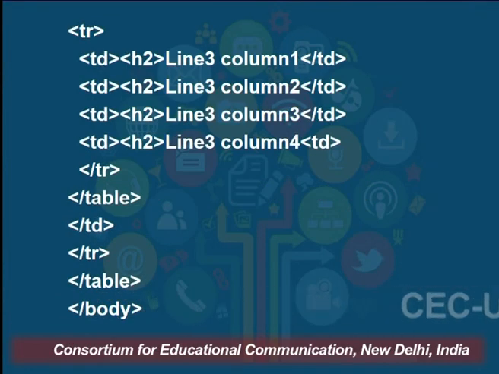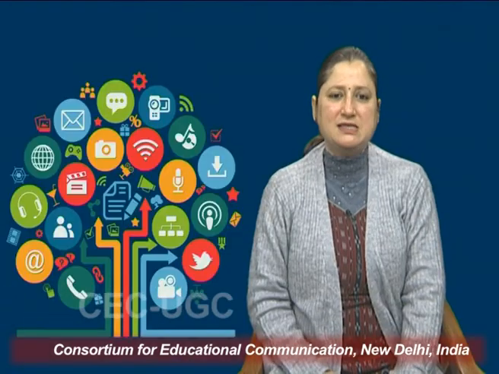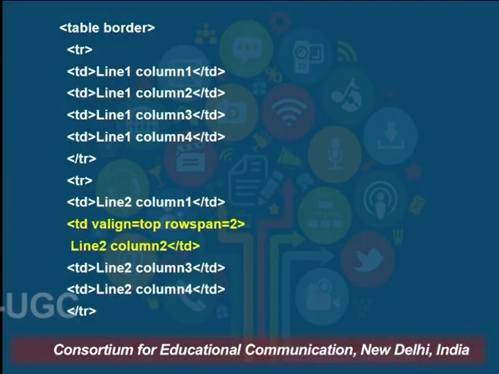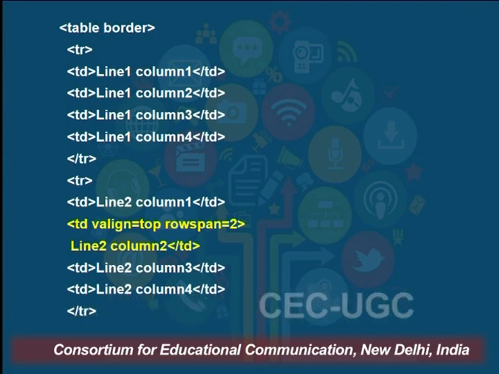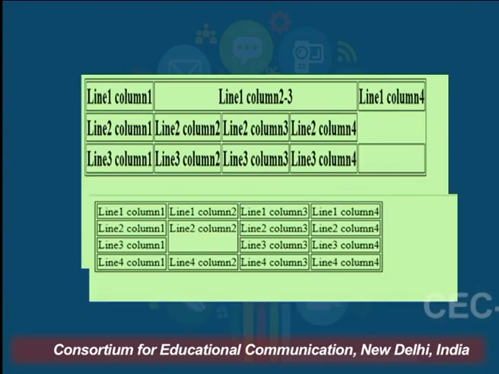Likewise, we can also use TD rowspan. In rowspan we are merging two rows. So, we will write rowspan equal to 2, which means that these two rows are going to be merged. So, you have line 2 column 2, and then there is no line 3 column 2, because we have merged line 2 and line 3 for the cell showing in column 2.